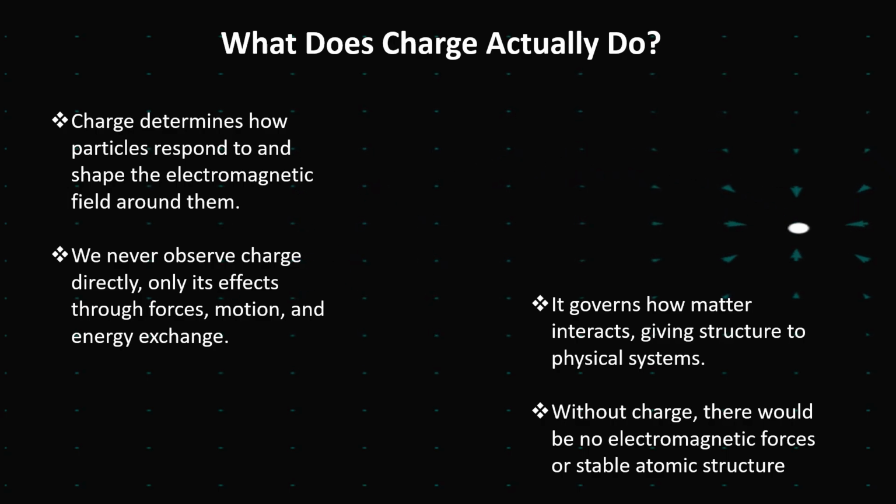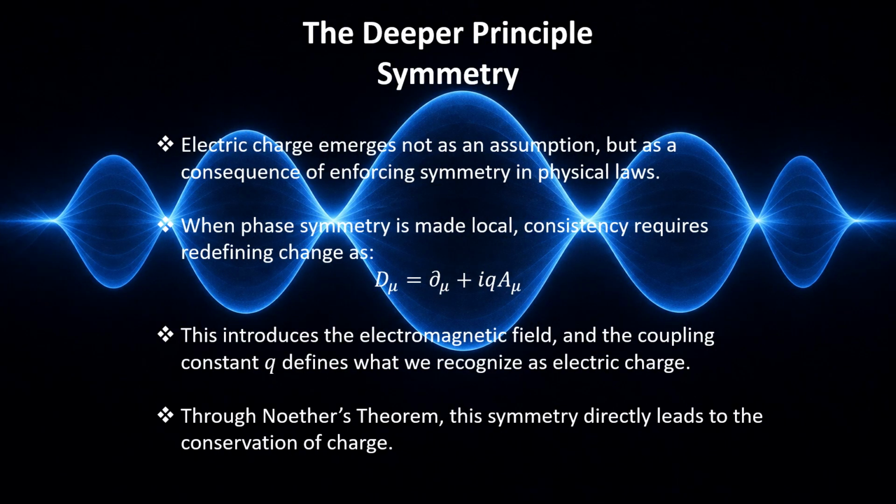To move closer to a fundamental origin of electric charge, I now turn to a deeper concept from modern physics: symmetry. In quantum theory, particles such as electrons are described by wave functions, which include a quantity known as phase. Although this phase is not directly observable, it is fundamental to how the theory is constructed and how physical predictions are made.